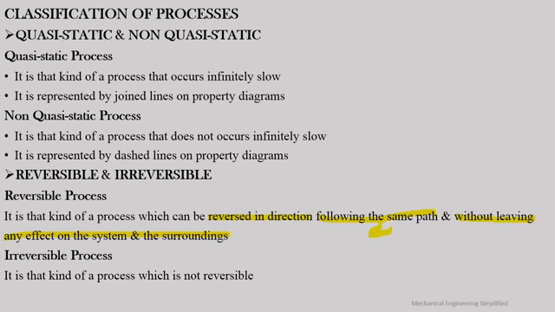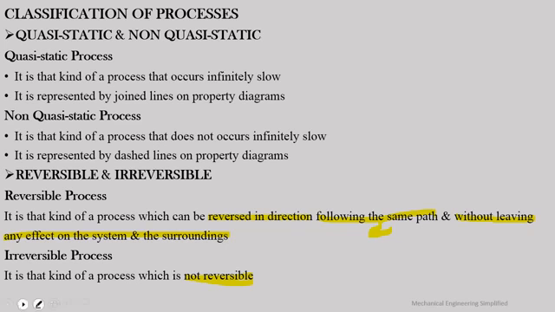If any one or two or all three are violated, then we say that the process is not reversible. So for the process to become reversible, all these three conditions need to be followed.